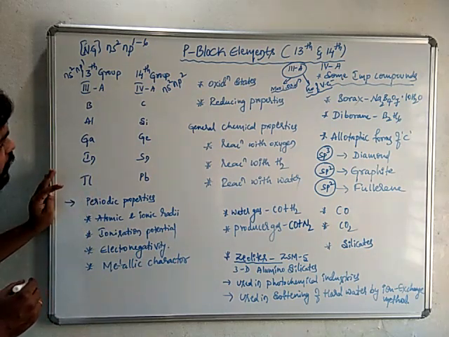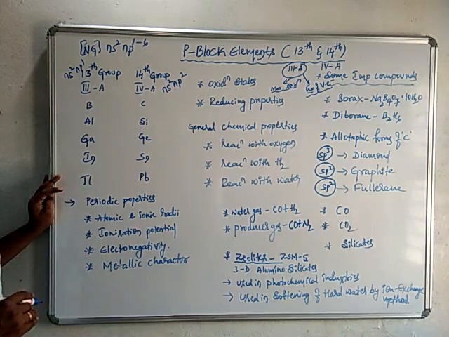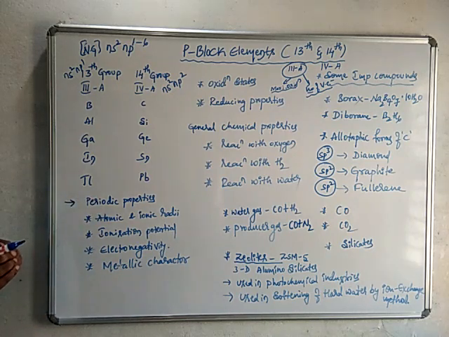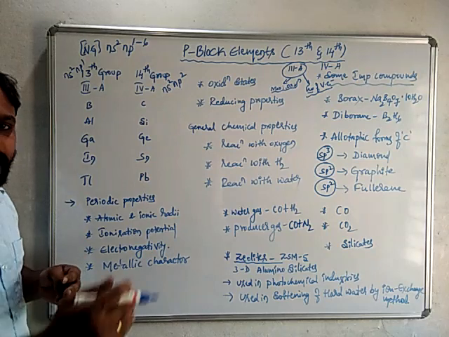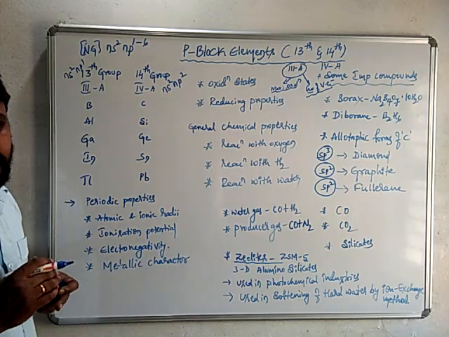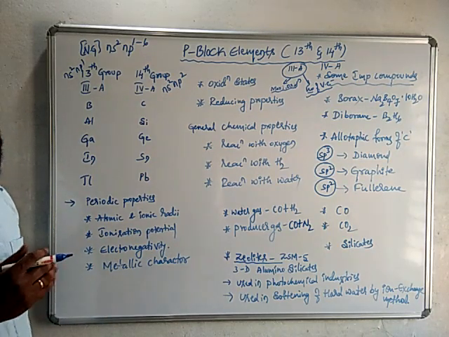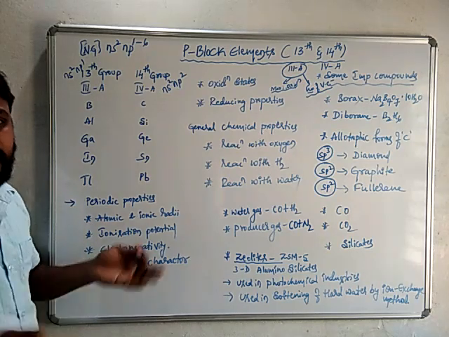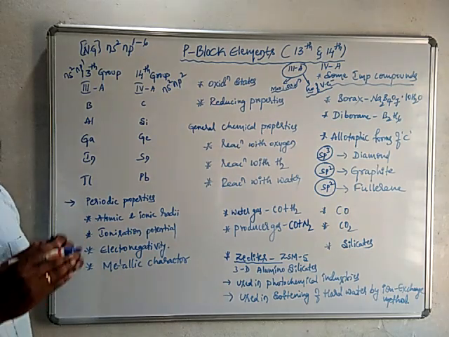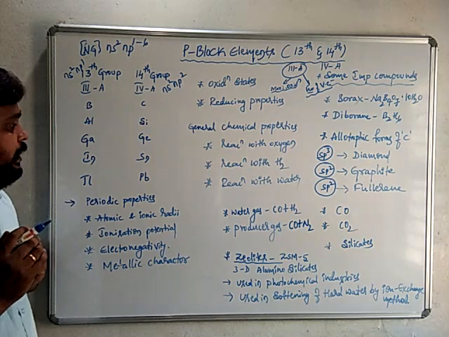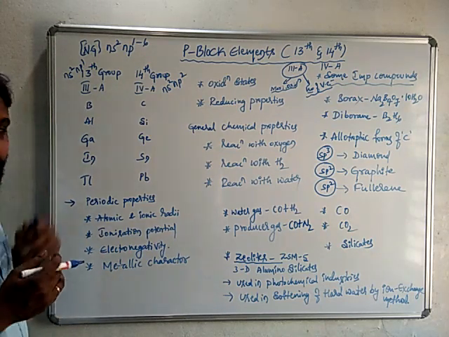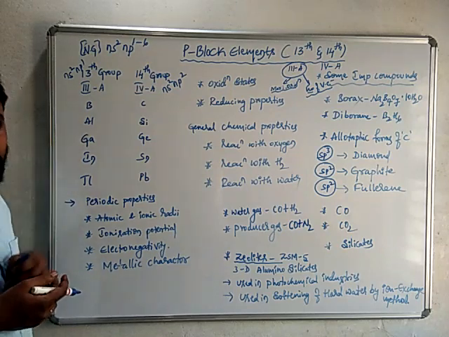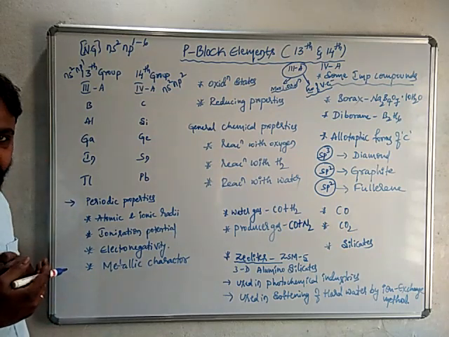If you want to study any group in the periodic table, we have to go by a systematic way, in which we have two different categories. The first category is the general part. The general part includes what elements are present in that group, their atomic numbers and their electronic configurations.